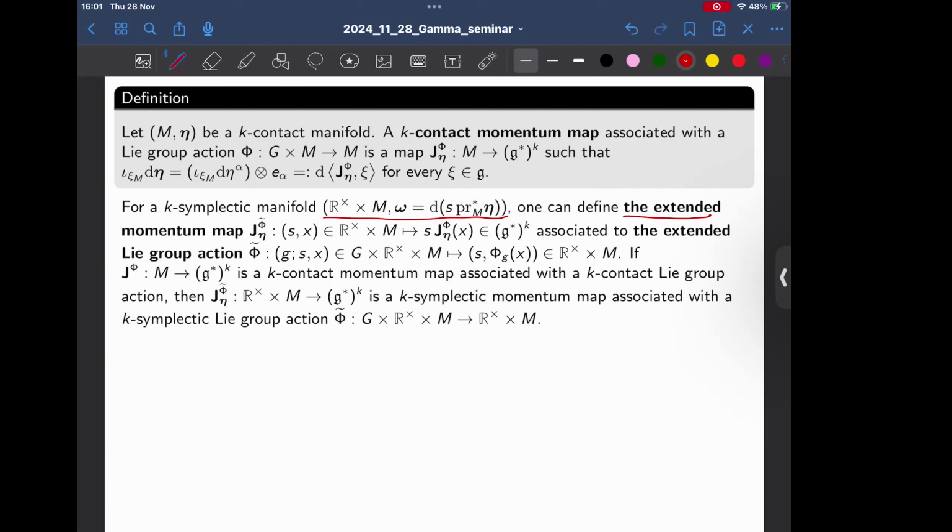And we have that J phi is a k-contact momentum map associated with a k-contact Lie group action, and then J phi tilde is a k-symplectic momentum map associated with a k-symplectic Lie group action, phi tilde.